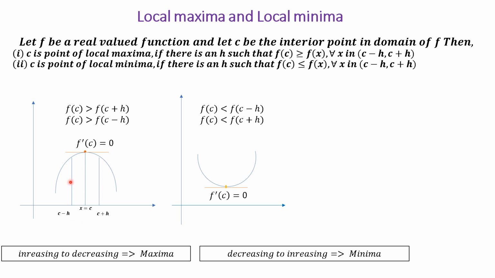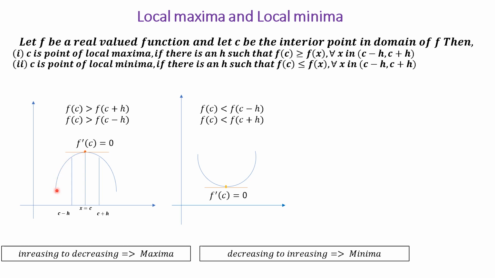Look at this graph. This is our curve f of x. When we move towards the positive direction of the x-axis, if you take any point from here to here except this point and draw tangent, it will be going upwards.